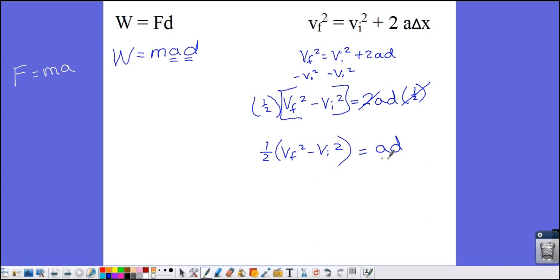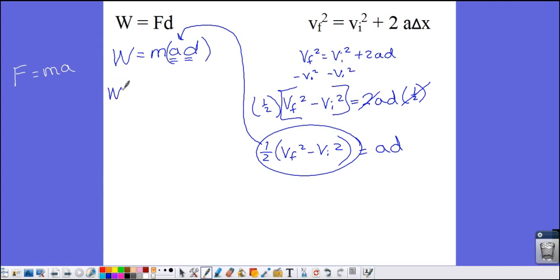So I'm going to take this and substitute it in for this. Now I have work is equal to mass multiplied by 1/2 times the quantity, the final velocity squared minus the initial velocity squared.